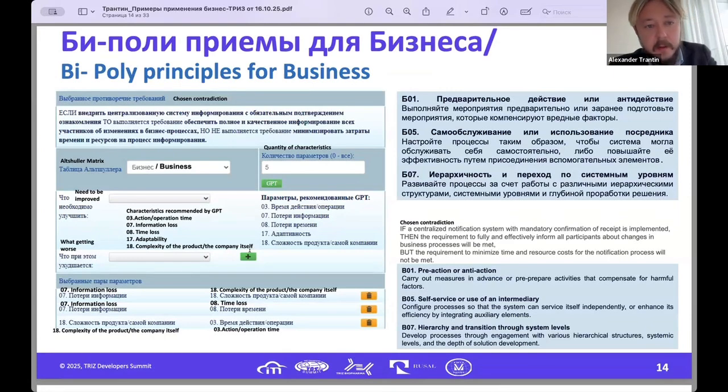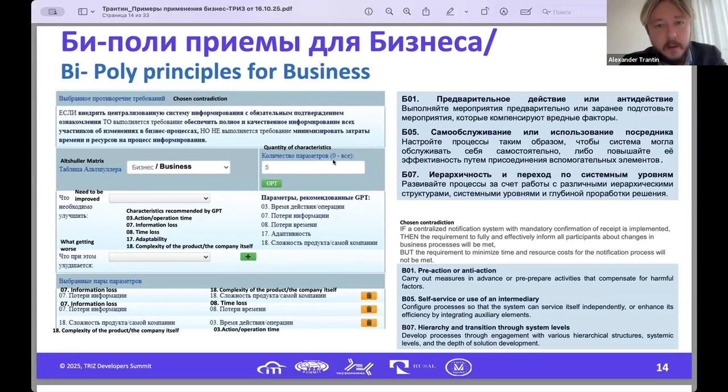We chose a contradiction of complete informing of high quality, and also Campina 3 has a function of prompting the parameters that will be suitable for solution of contradictions.